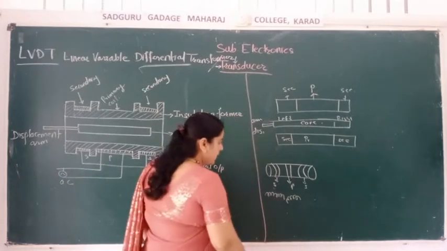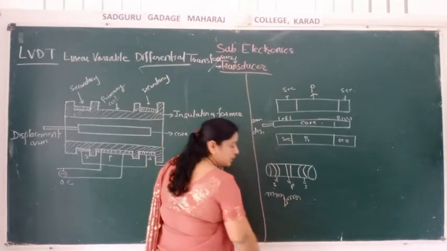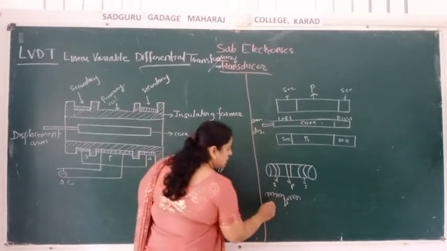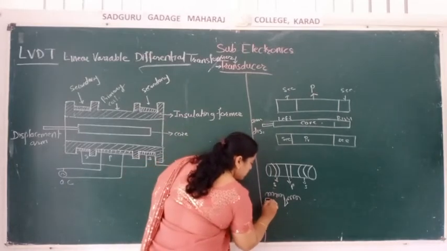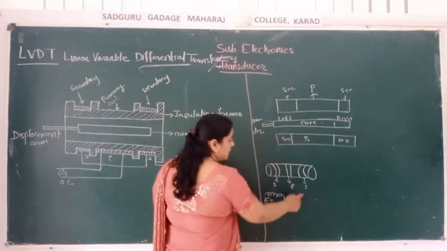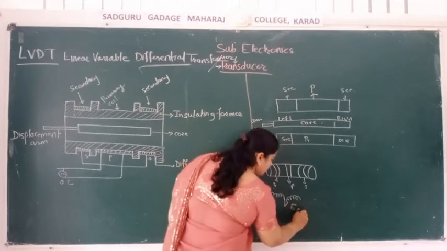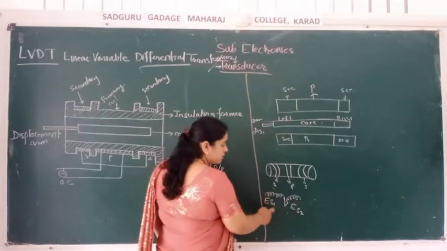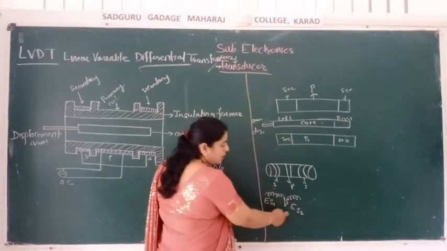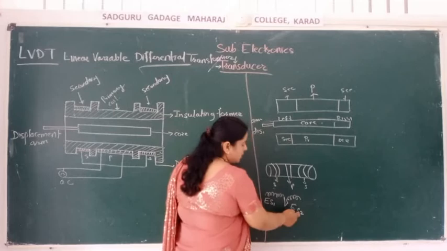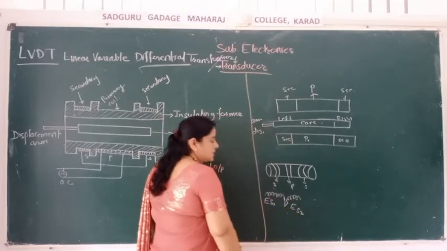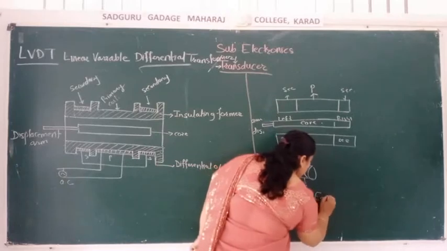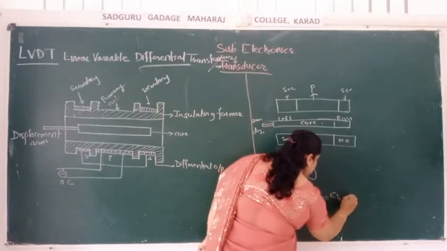These two are connected to each other, and the voltage across this secondary is suppose ES1 and across the other is ES2. The voltage or EMF produced in this transformer is ES1 and ES2. Then the total is E0 equal to ES1 plus ES2.